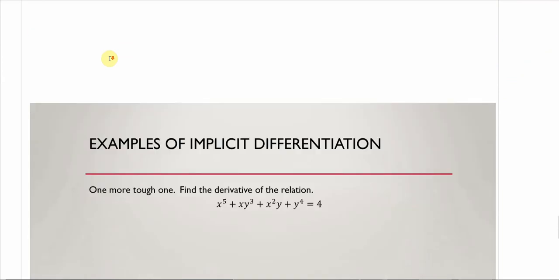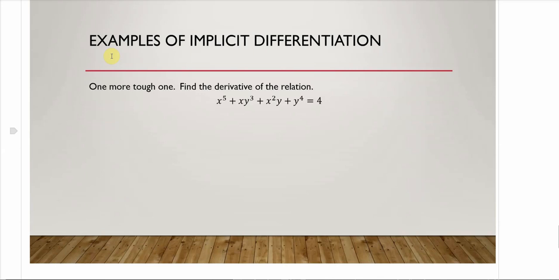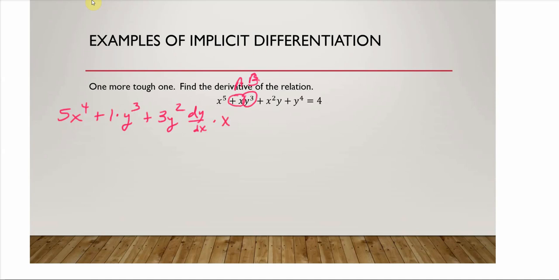All right, let's try one more derivative function. Here we go. So let's take the derivative of this. The derivative of the first term is going to be 5x to the 4th. And here I'm going to do my ABBA rule. So this is going to be my a, and this is going to be my b. The derivative of my a is going to be 1 times y cubed, plus 3y squared, that's the derivative of my b bubble, dy/dx, times my a bubble, x.